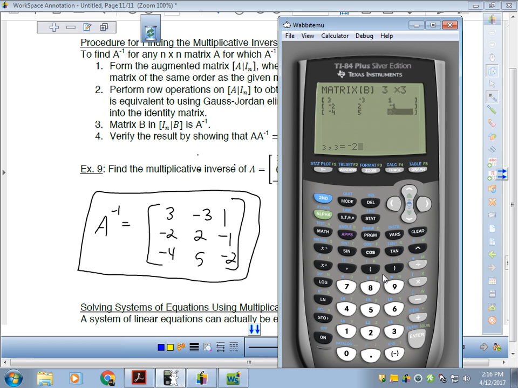And so I put that in matrix B. Well, now if I go into my matrix menu and I multiply matrix A and matrix B, because they're inverses, I should get an identity matrix, which I do.